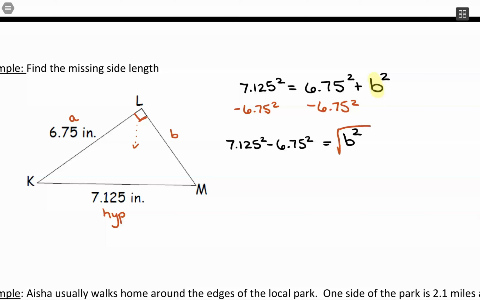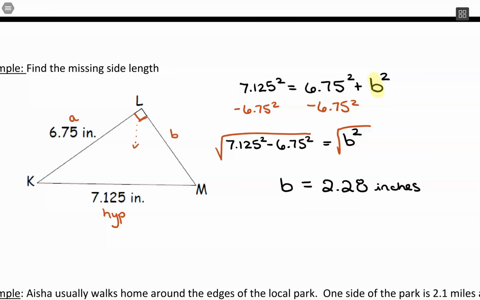And then I'm going to take the square root of both sides. So we're solving, and we'll be getting b here, and this is a case where I would just type all of this into the calculator. Square root of 7.125 squared minus 6.75 squared all at once, and round to 2 decimal places, and that should be a 2.28. In this case, it's inches.